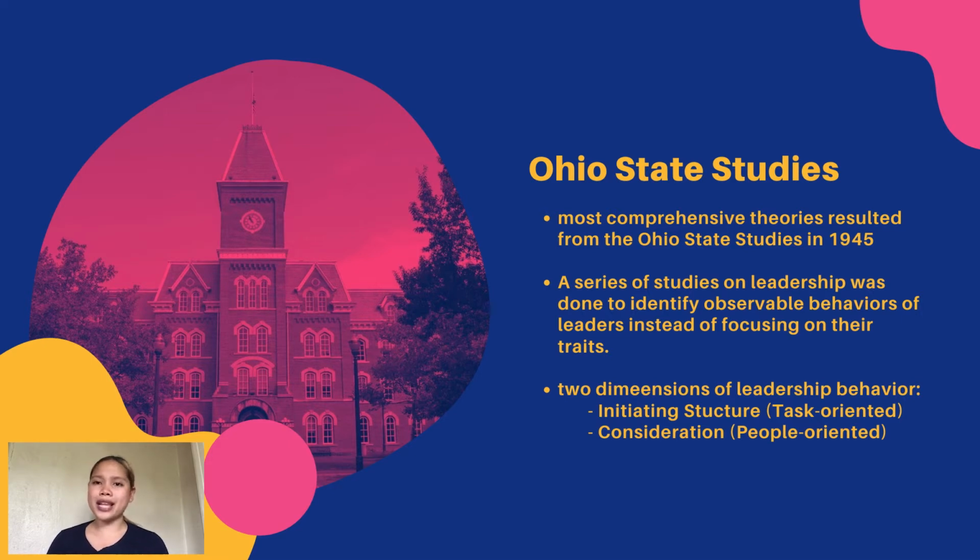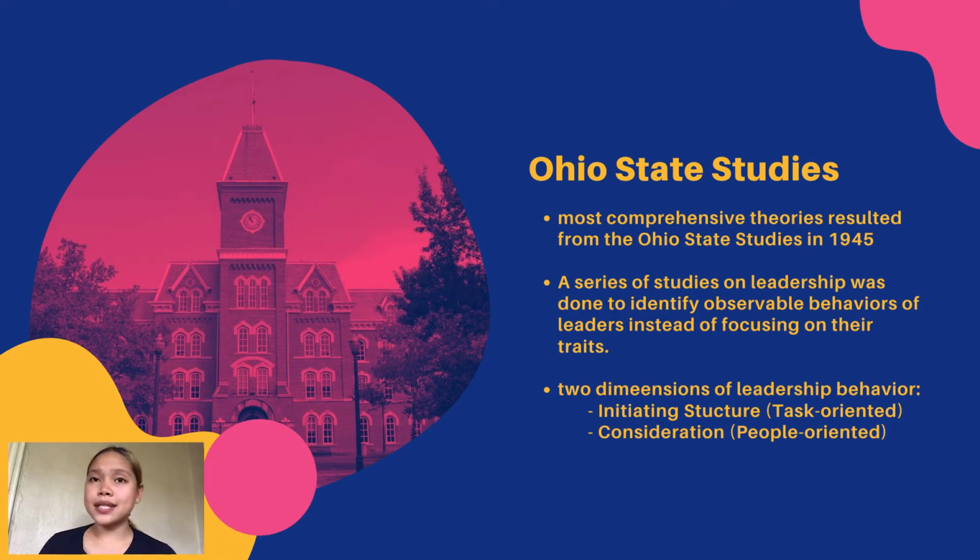The most comprehensive theories resulted from the Ohio State University leadership studies that focused on identifying behaviors that were indicative of strong leaders. The research was based on the questionnaires known as the leader behavior and the supervisor behavior description questionnaires, given to leaders and to the subordinates of the organizations.